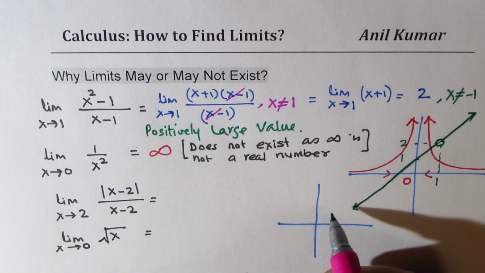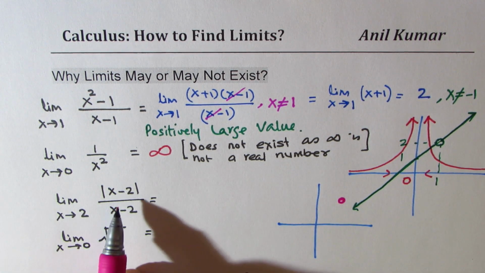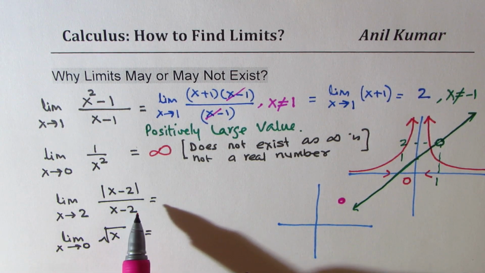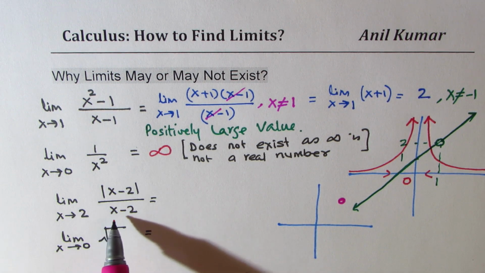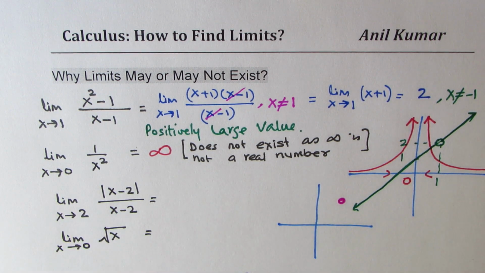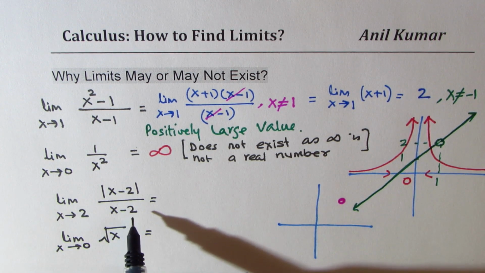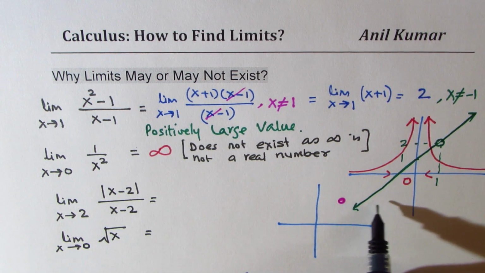It's not defined at this point. This function basically is a piecewise function, as you know, so it is +1 for the values on this side.